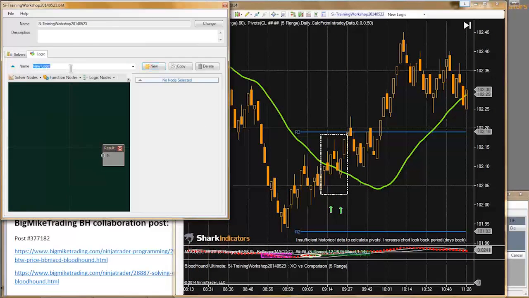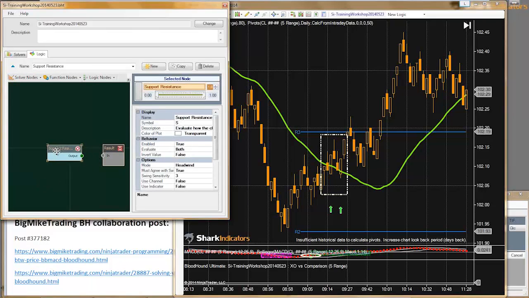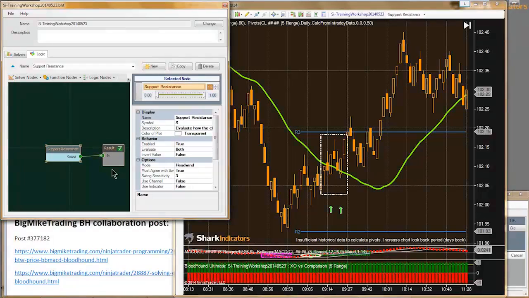So let me start a new logic template, and I'll drop a support resistance solver down in here.